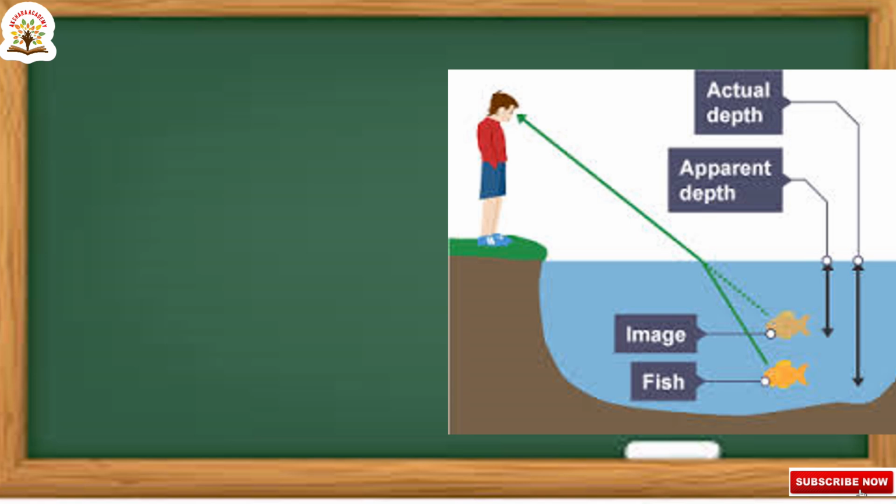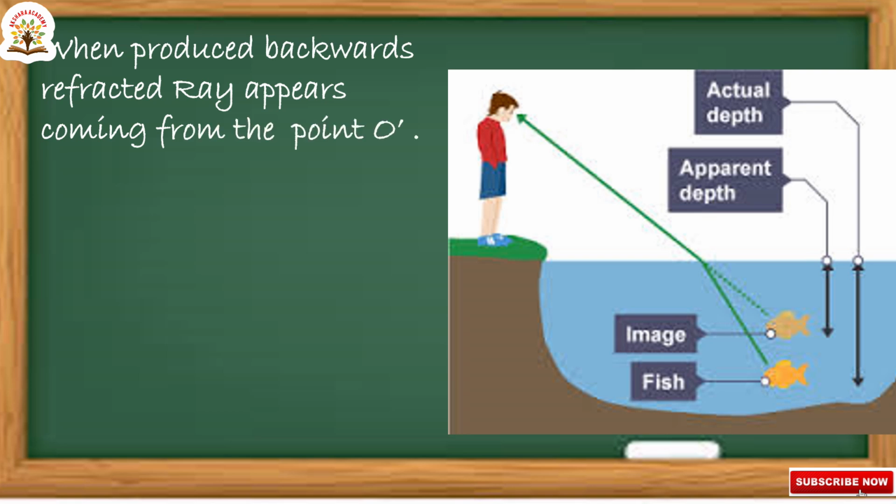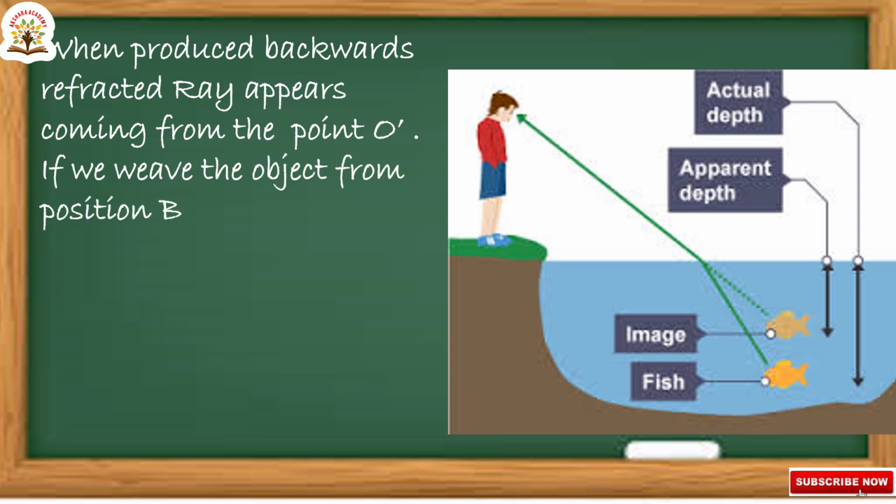Actual depth, apparent depth: when produced backwards, the refracted ray appears to come from the point O dash. If we view the object from position B, the object at O appears at O dash.